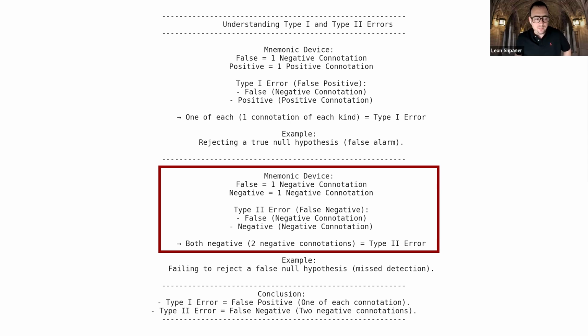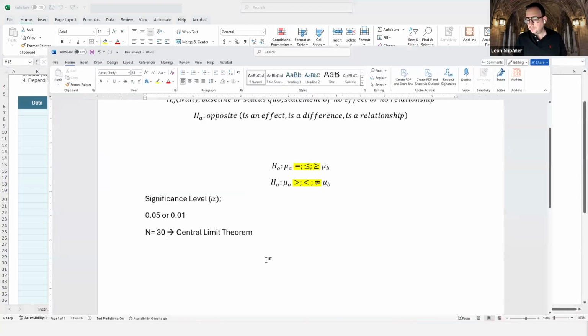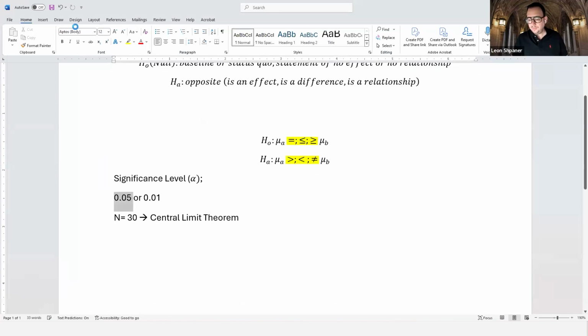So if you set your alpha to 0.05, like we did over here and in some of our experiments on the Excel sheet, you're saying that you're willing to accept a 5% chance of incorrectly rejecting the null hypothesis.